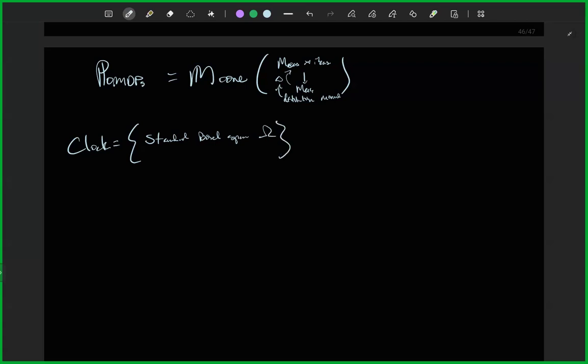Omega, aka sample spaces, with a probability measure mu. And I need maybe something nice about this. So let me just assume that this measure is isomorphic to the Lebesgue measure on R.